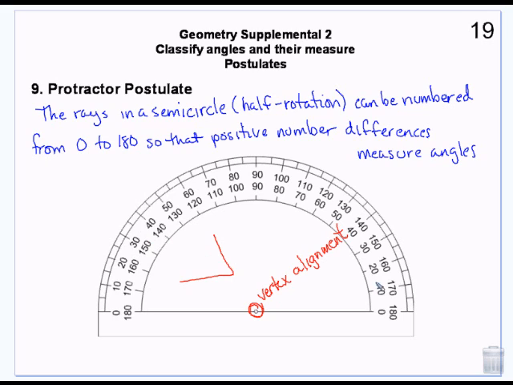If the angle opens up this way, you're going to measure this side. So you always line the vertex here, and then line a ray either here or here. I know I'm not drawing straight lines, but in perfect alignment to this line here. So you line up the ray along this line with the vertex here, and if it opens this way, you're using the 0 to 180 on the bottom, and if it opens this way, you're using 0 to 180 on the top.